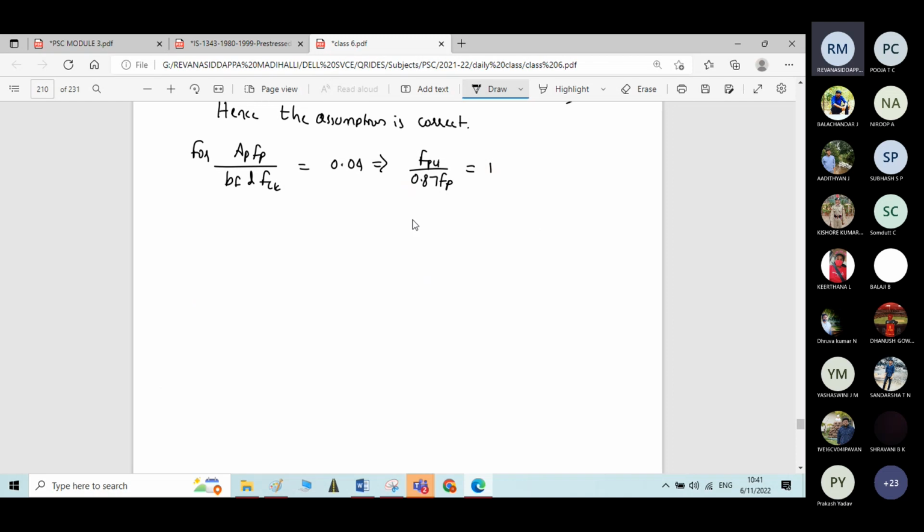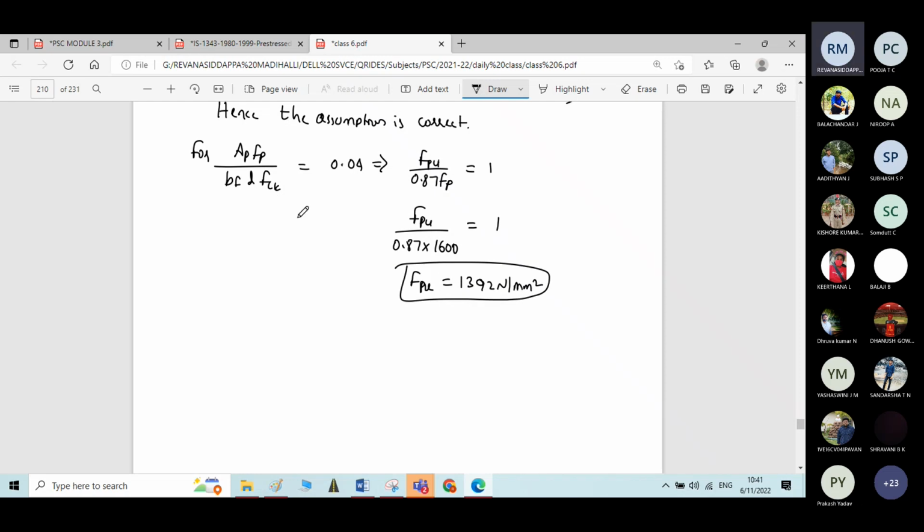Now FPU by 0.87 FP, FP is given, that is 1600, the characteristic strength of the tendon, is 1. Therefore FPU we will get as 1392 Newton per mm square.